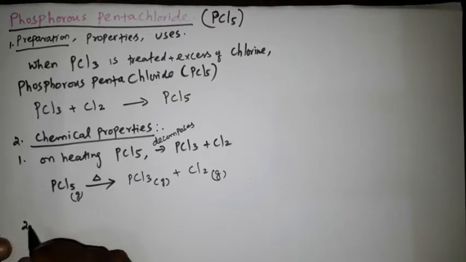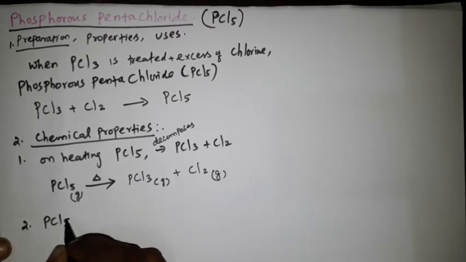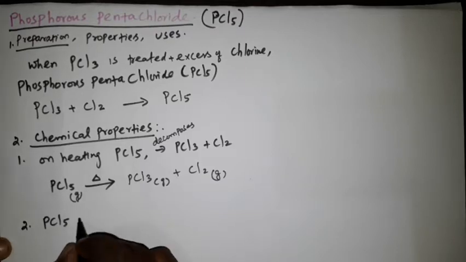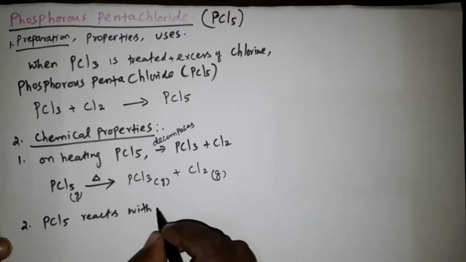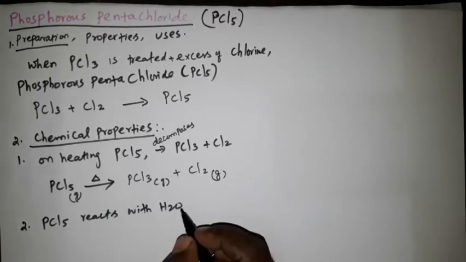Second property, phosphorus pentachloride, that is PCl5, reacts with water, that means H2O.